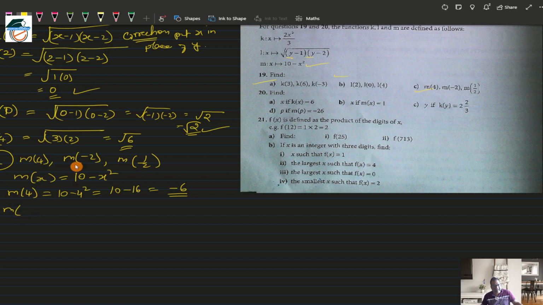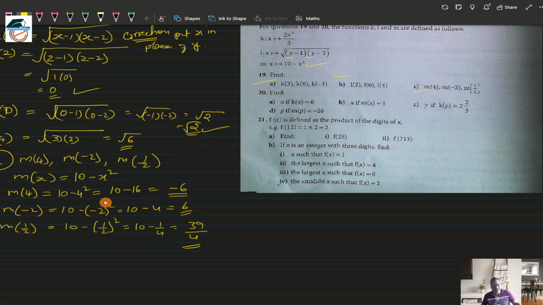Then M of minus 2 should be 10 minus (minus 2) the whole square, that is 10 minus 4, that is equal to 6. And M of half should be equal to 10 minus half square, which is 10 minus 1 by 4, that is 40 minus 1, which is 39 upon 4.